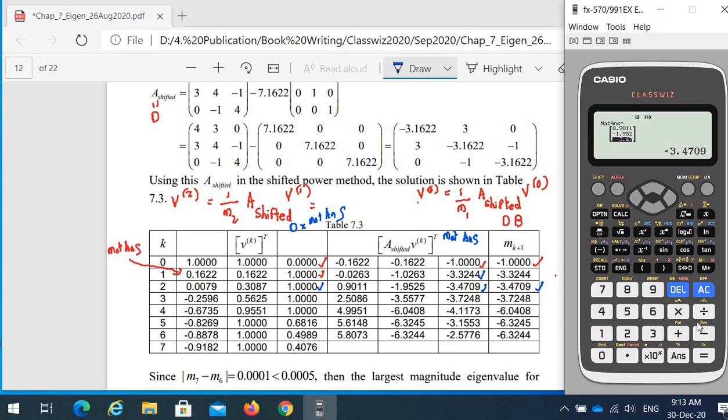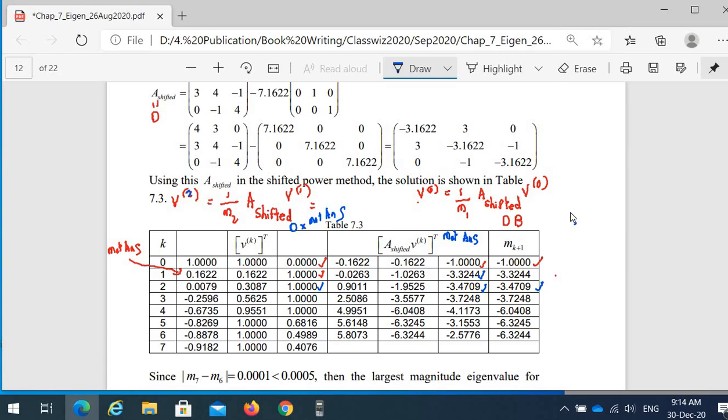This max answer, divide negative 3.4709. Then this will be your V3. Because if this is 3, this is 3, this will be 3, okay, this will be 2.